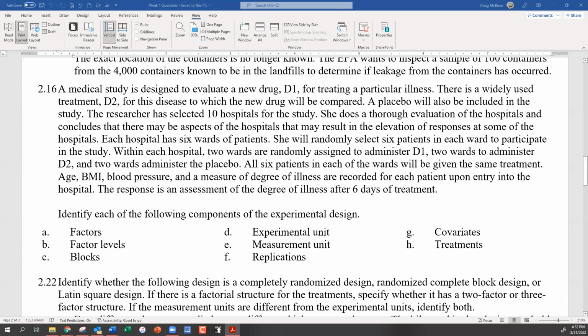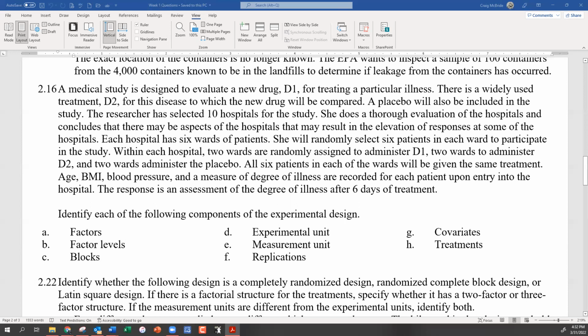You're not measuring the degree of illness on the wards, you're measuring it on the individual patients. Now, technically, I can see why they could argue that each ward is an experimental unit, because all 6 patients within each ward get the same drug.